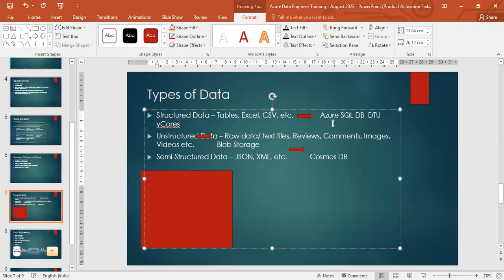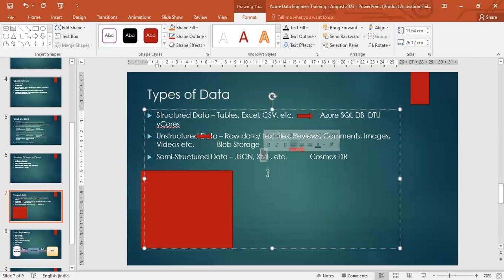That again depends upon your requirement. If your need is to use the Azure SQL DB, you can copy all that data to Azure SQL DB. If you have another requirement, you can copy that data onto the blob storage. Whatever table data you have, you can copy it in CSV format or Excel format or even JSON or XML.